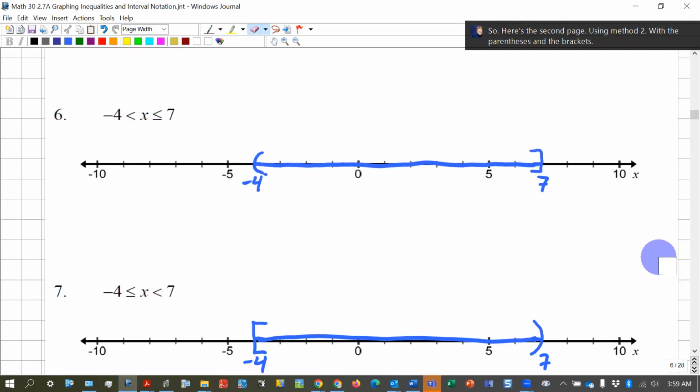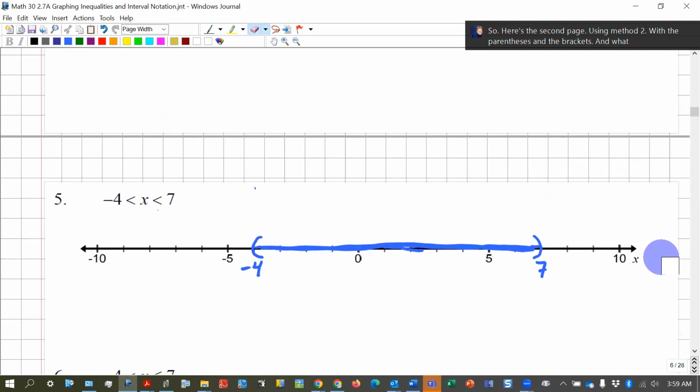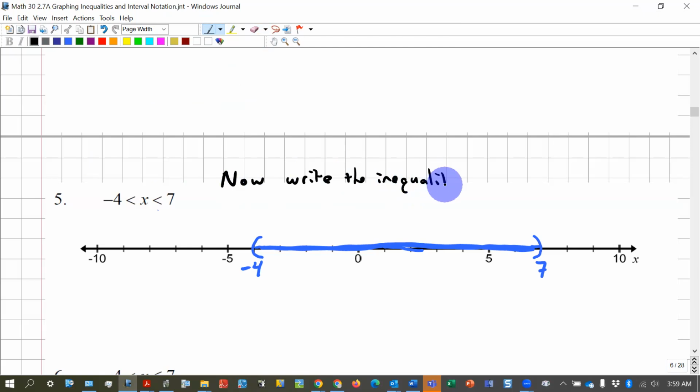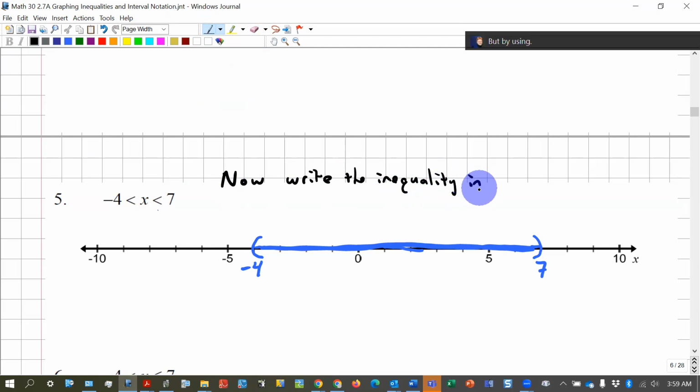And what interval notation does is it sort of imitates the picture, but by using the keys on a standard keyboard.